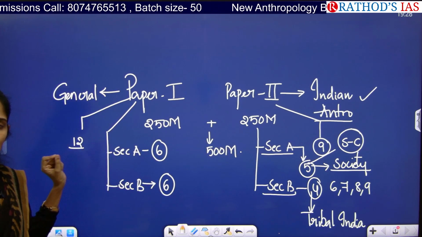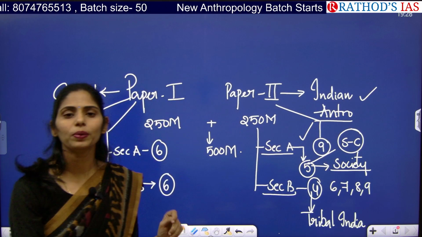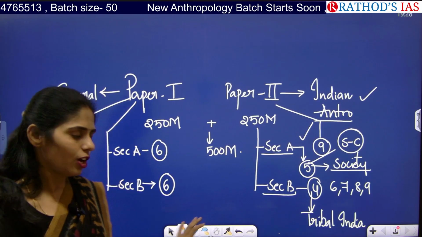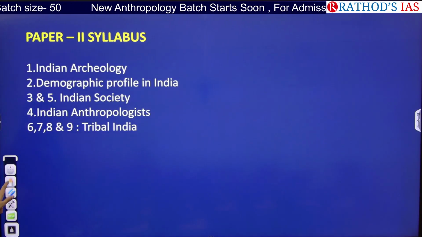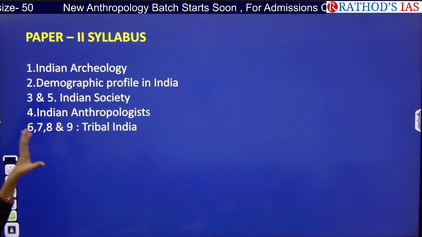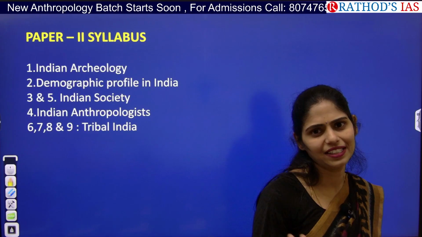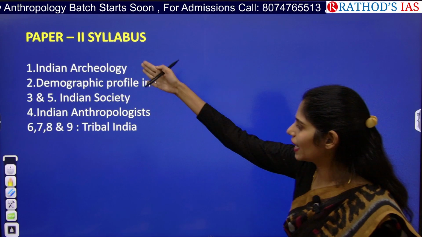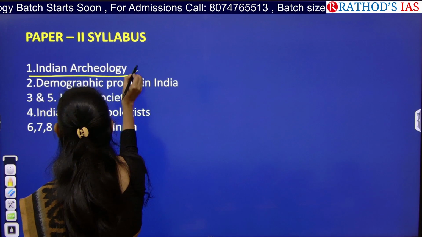Let us see exactly what these 9 chapters are and what you can expect from them. Here let us see the syllabus. The syllabus is very simple. I make it as simple as possible so that you do not get afraid by seeing it. As I said, we have 9 chapters. The first chapter is about Indian archaeology.